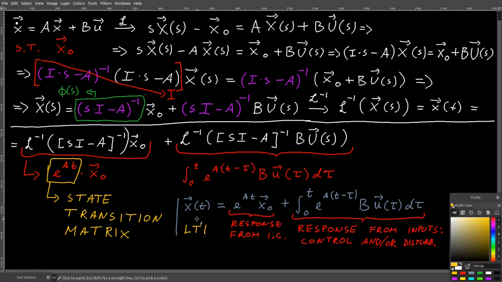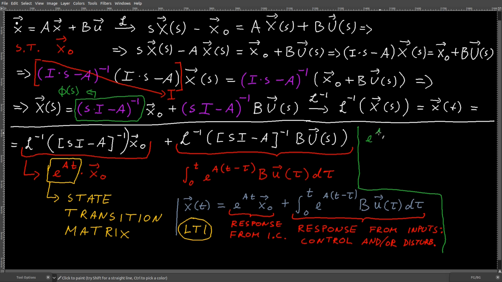So for LTI systems, the system response is given by this formula. Note that calculating it in the time domain is not easy, especially the second term. Therefore, you should start with Laplace and then take Laplace inverse to get the system response in the time domain.